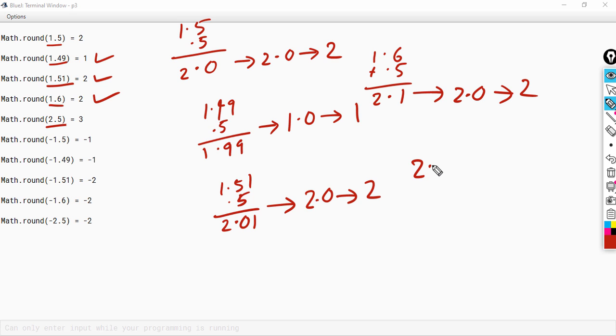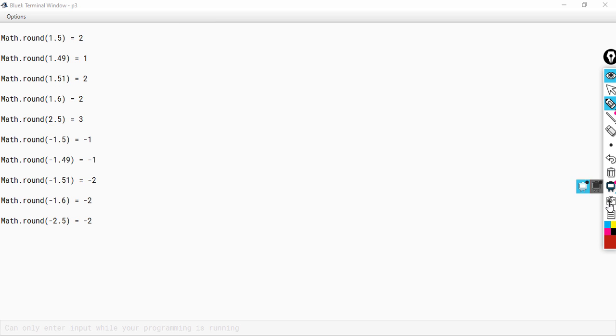2.5, add 0.5 to it, that will give you 3.0. 3.0, its floor value is 3.0 and integer value is 3. So the answer is 3. Similarly, let's look at the negative numbers.